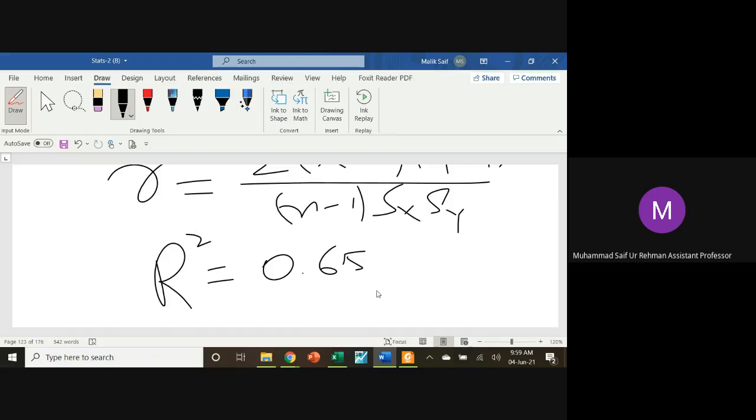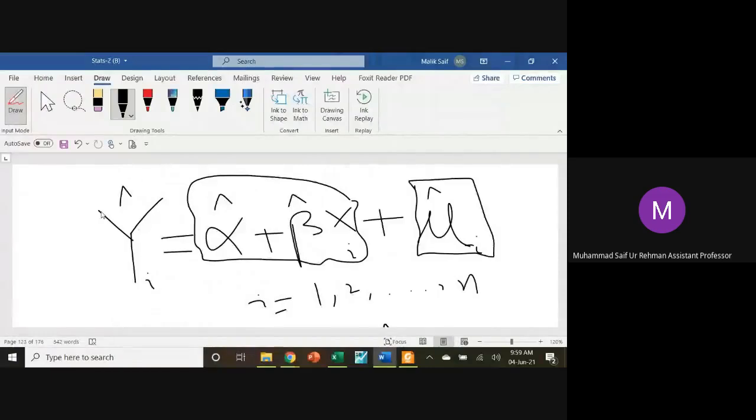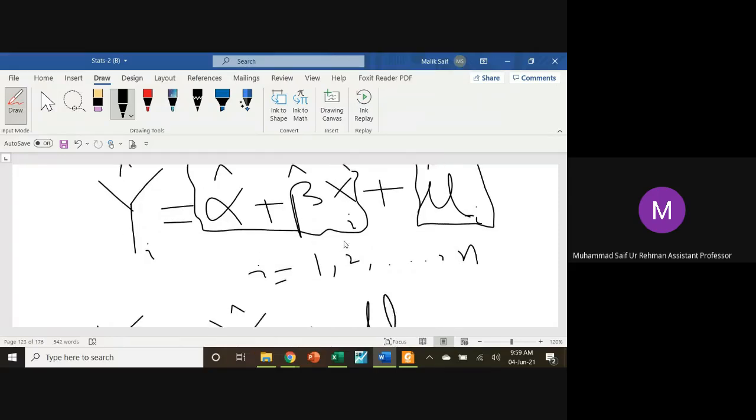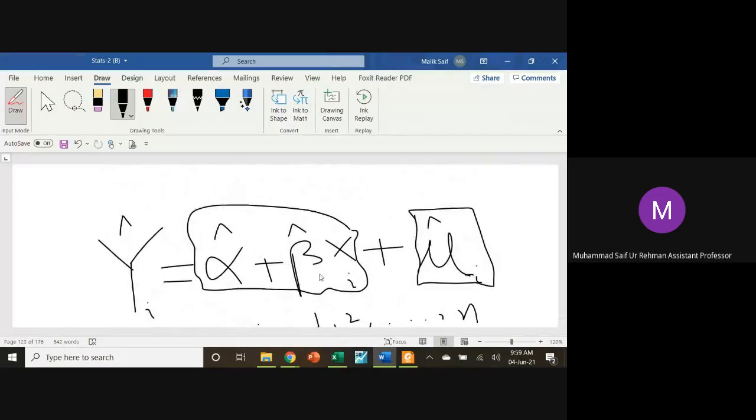This 0.65 will mean that 65% of the change in Y, the dependent variable, is because of the included independent variable. R square will help you find out that 65% of the change in the dependent variable is because of the included independent variable. And there are so many other variables that we have not included in the regression equation.